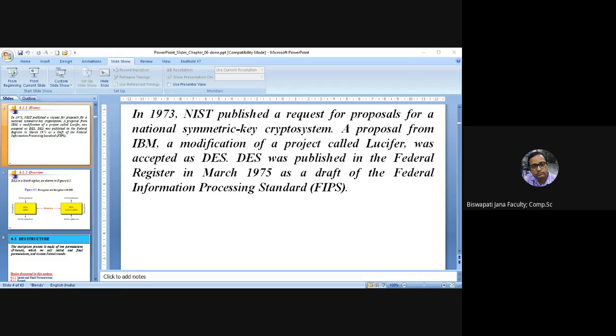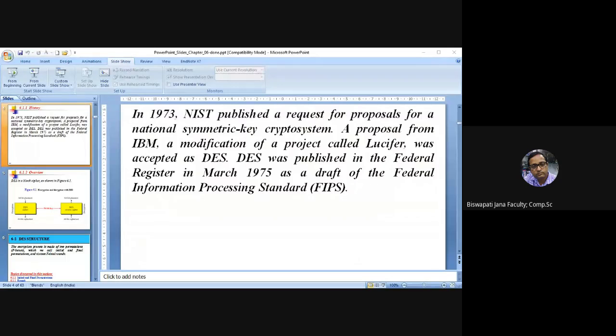So there are 2 permutations, at the beginning and end of this system, and then there are 16 rounds. So within the 16 rounds you can encrypt your message 16 times, basically, or more than that. But in every round, many factors are involved to encrypt the message.